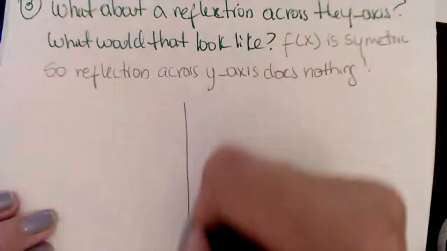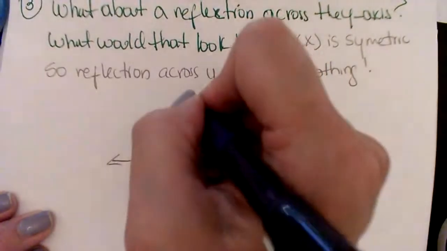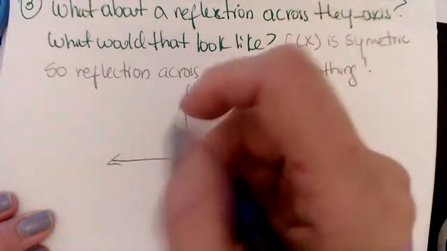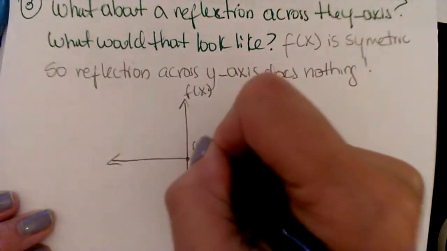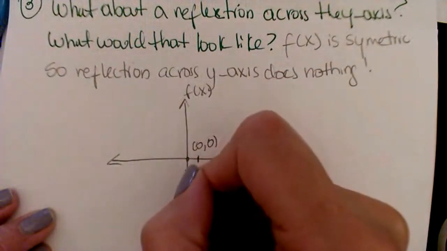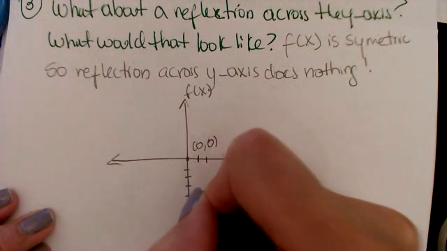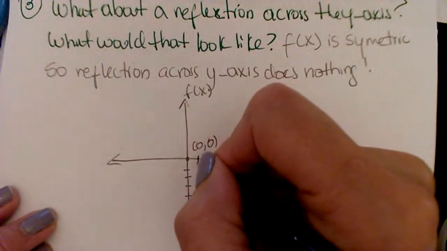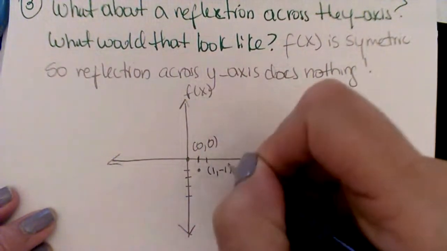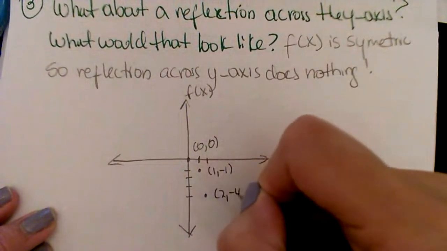So we have f of x, here is 0, 0. We have 1, we have 2, 1, 2, 3, 4. The next one is going to be 1 and negative 1, and this one is going to be 2 and negative 4.